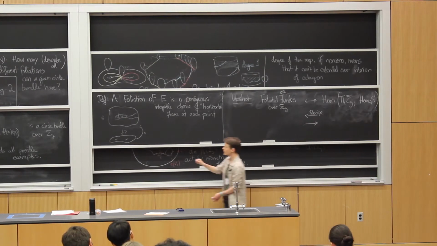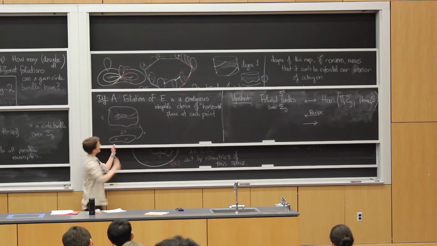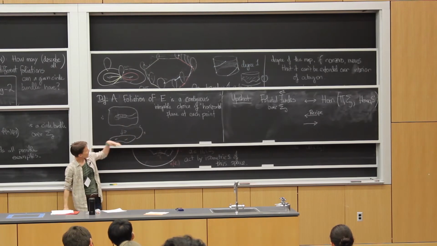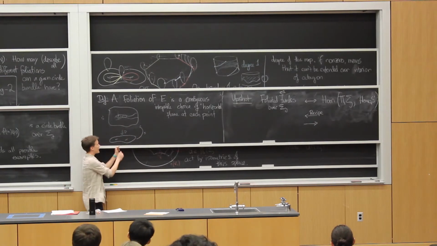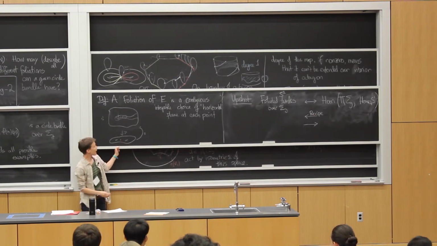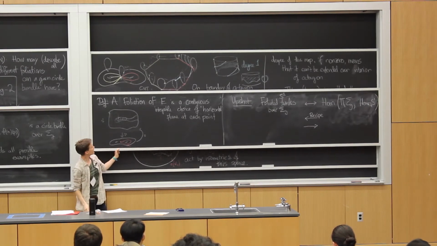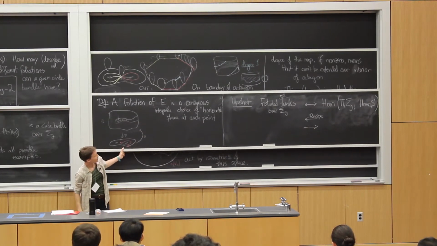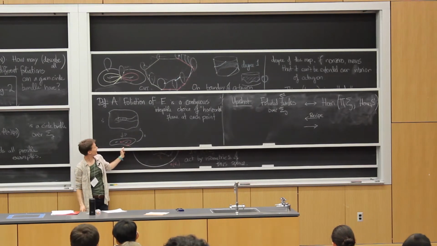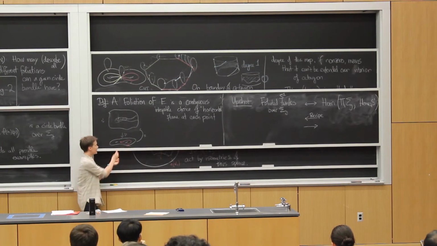Let's go to my picture. I have a horizontal plane at each point. If I want to figure out how to get my fundamental groups, here's a curve A in the fundamental group. I want to say what is phi of A, a homeomorphism of the circle.